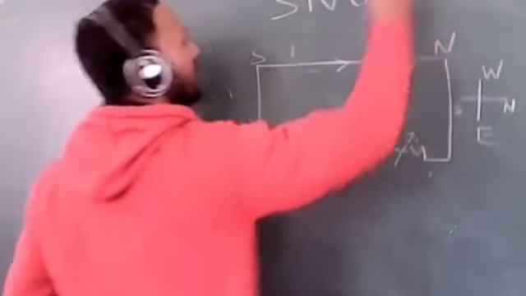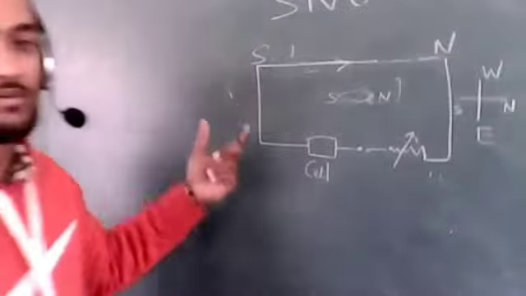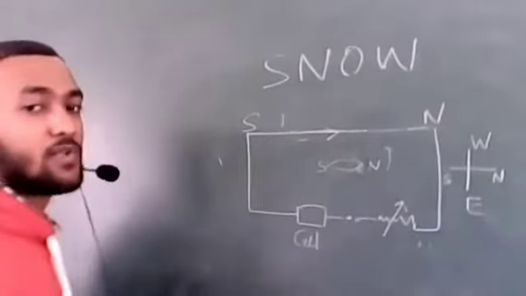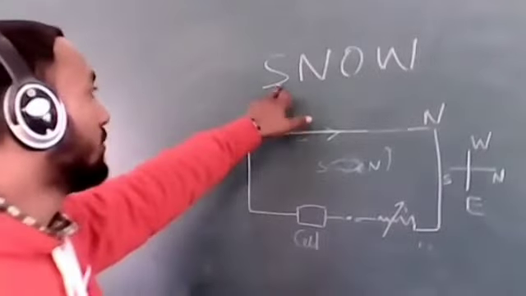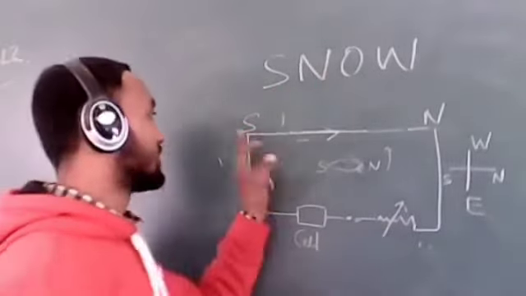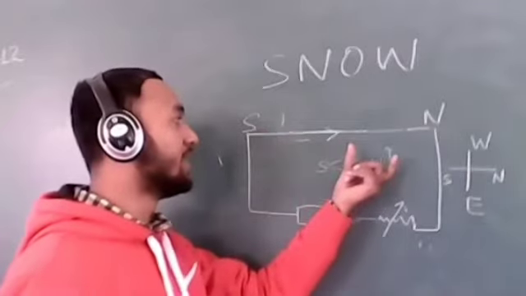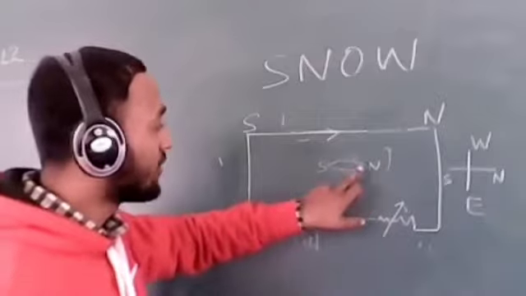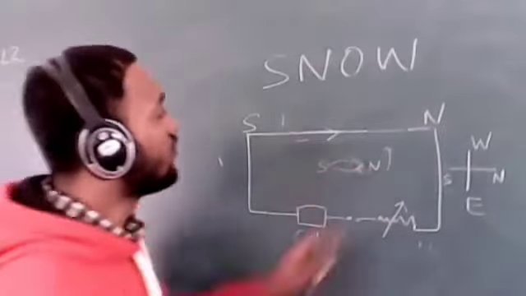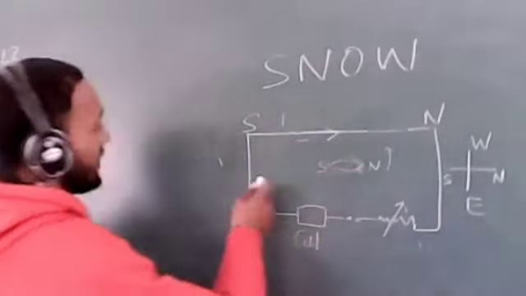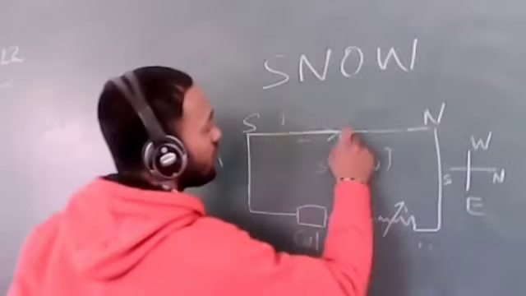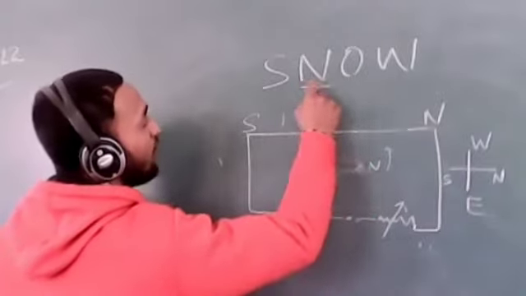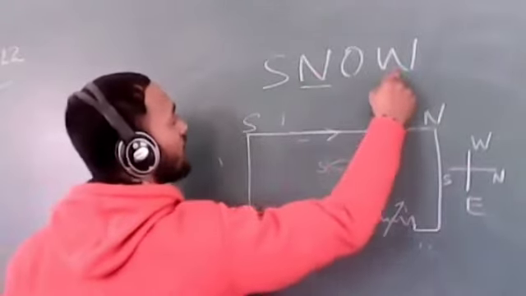Okay, listen carefully, it will be easy to learn, it is not difficult. When current flows from south to north and the wire is over the needle, the north pole of the magnetic needle deflects towards the west direction. You can see the current is flowing from south to north, and the north pole of the magnetic needle deflects towards the west.